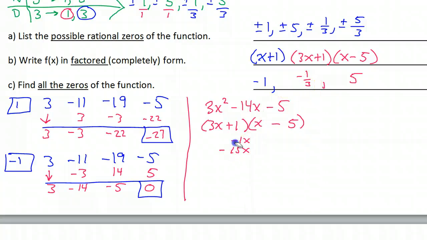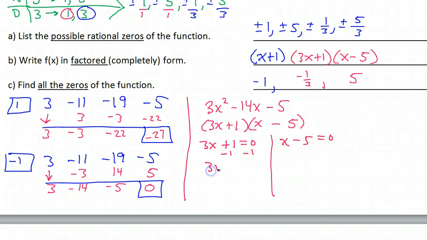I'm going to go ahead and show one more time, in case I lost anybody, where the -1/3 is coming from. Obviously, to get these zeros, we set these equal to 0. So we set 3x plus 1 equals 0. We set x minus 5 equal to 0. And we solve. Subtracting the 1, we get 3x equals -1. Same thing, I added 5 to both sides. I get x equals 5.